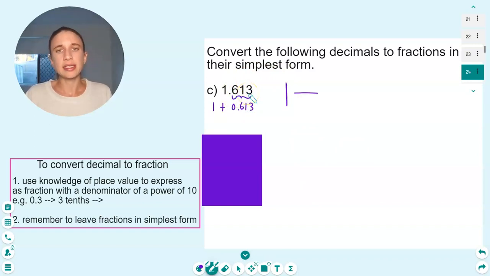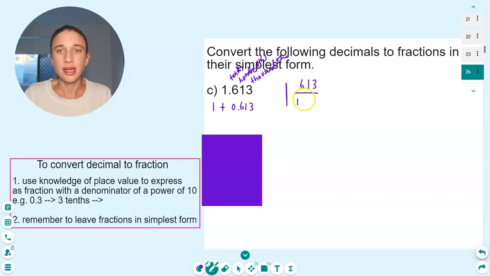To put that as a fraction, you're going to label your place values. This is tenths, this is hundredths, this is thousandths. So that last digit is in the thousandths column. I'm going to say that this is 613 thousandths.